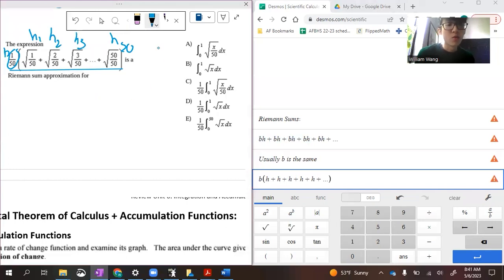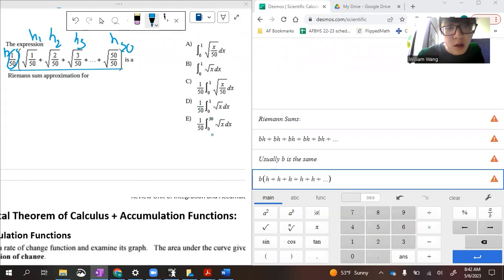Okay, so what are they approximating here? If I know each of my x values, at x1 it's 1 over 50, at x2 it's 2 over 50. So I'm going to be looking for something that reflects that. I see each of my integrals goes from 0 to 1, 0 to 1, 0 to 1, 0 to 1. One goes from 0 to 50.